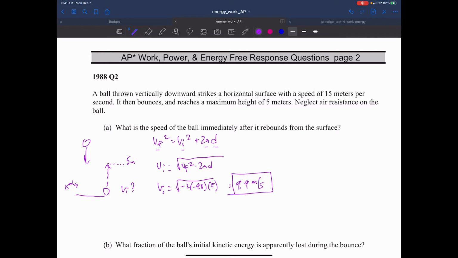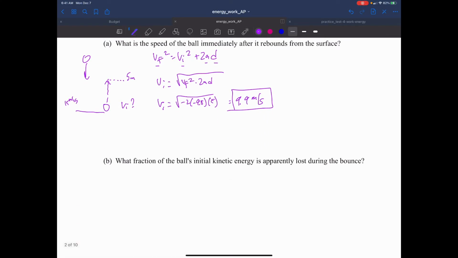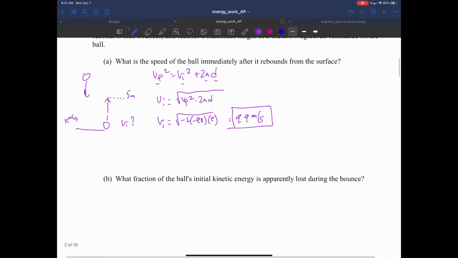Let's move on. What fraction of the ball's initial kinetic energy is apparently lost during the bounce? We have to be a little bit careful here, because if the initial velocity was 15 and it bounces up at 9.9, you may be tempted to figure out the percent loss in terms of velocity, but the question is specifically kinetic energy, so we've got to do a quick calculation.